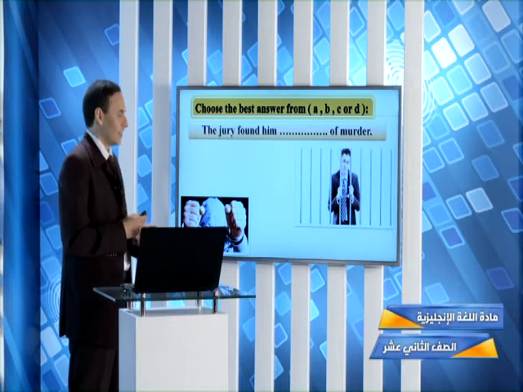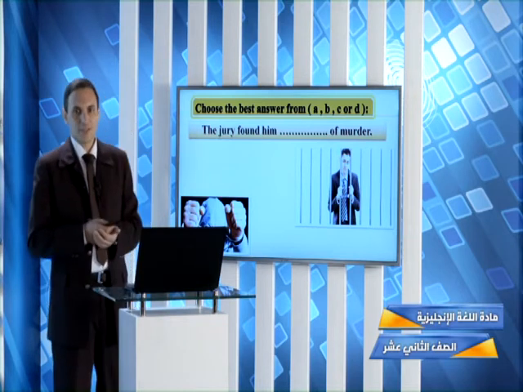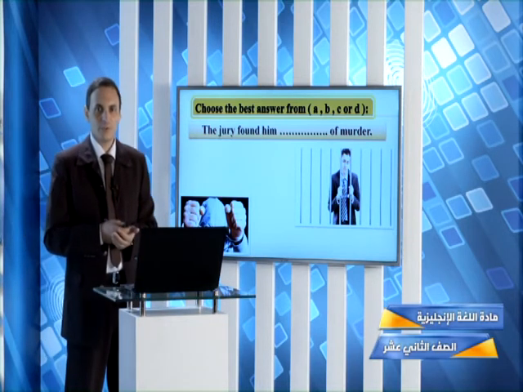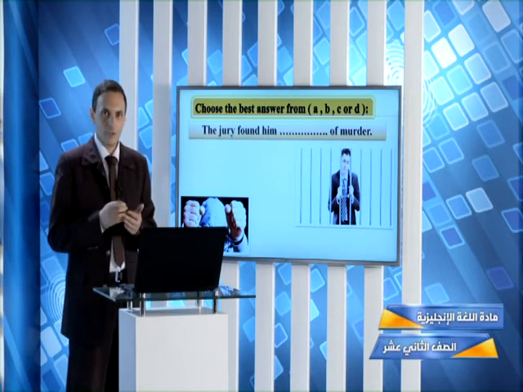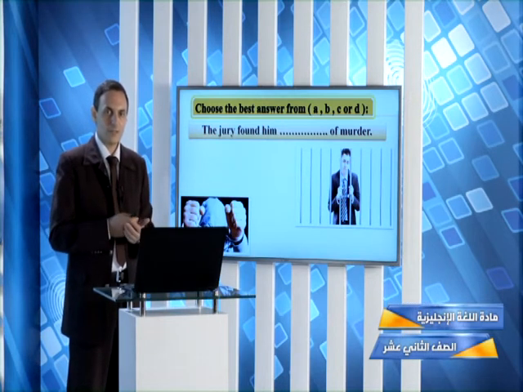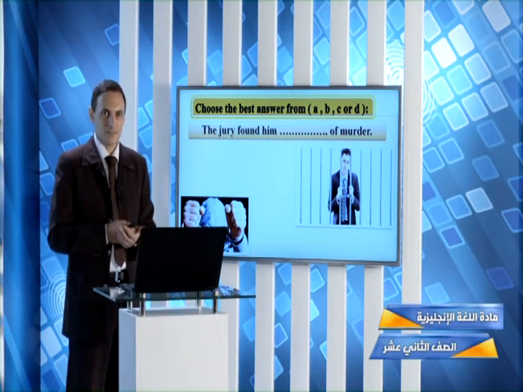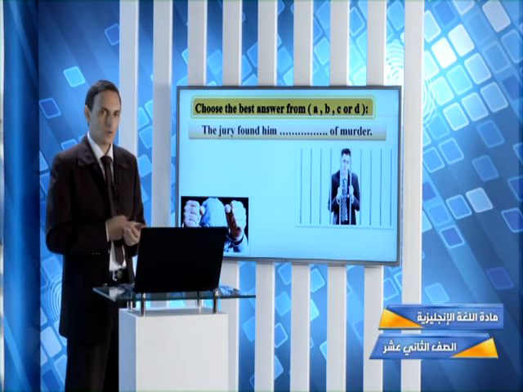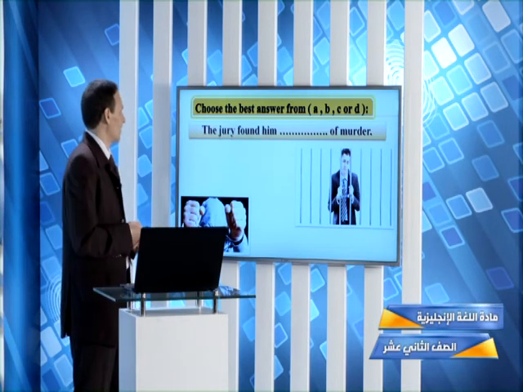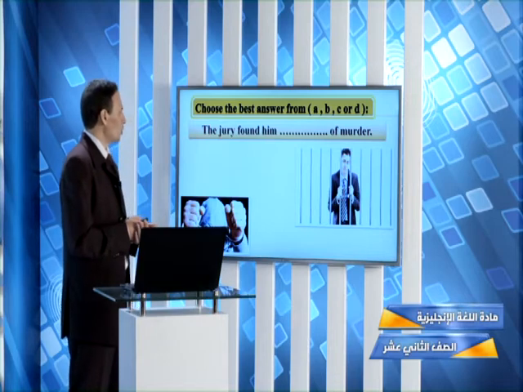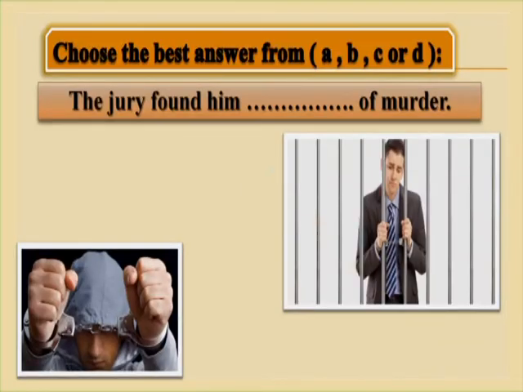Next exercise is a multiple choice exercise, and what you need to do is to select a word to complete the meaning of the sentence. You will have 4 options. Sentence number 1. The jury found him space of murder. Is it the word guilty that completes the meaning of this sentence?